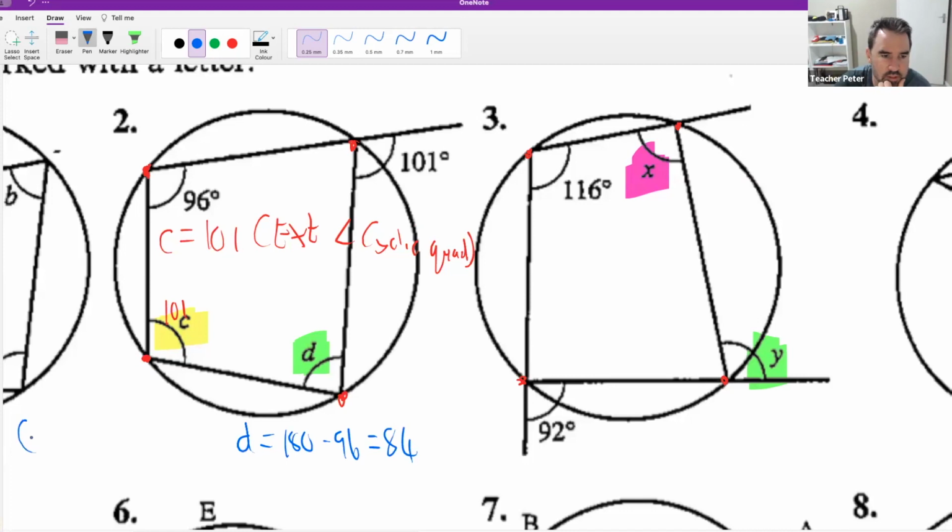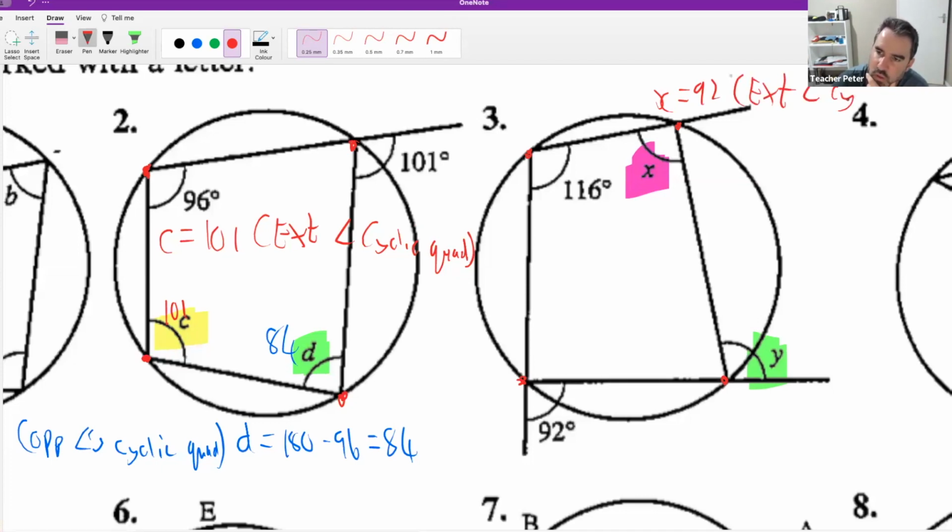And that will just be opposite angles cyclic quad as my reason. So that will be 84. And then over here, x will be 92, and this will just be exterior angle cyclic quad. So that will be 92.